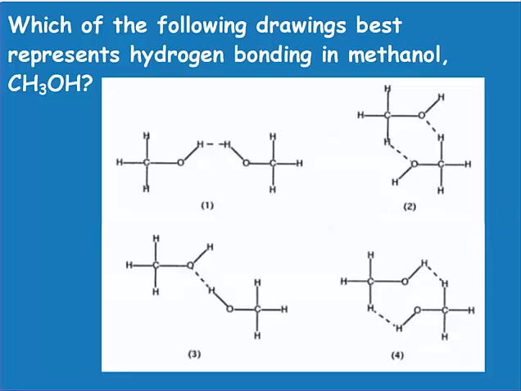So we're looking for the hydrogen bonding in methanol. Hydrogen bonding is when hydrogen is attached to nitrogen, oxygen, or fluorine, and it's attracted to a nitrogen, oxygen, or fluorine in another molecule. So in one, hydrogen is attracted to hydrogen. That's not hydrogen bonding.